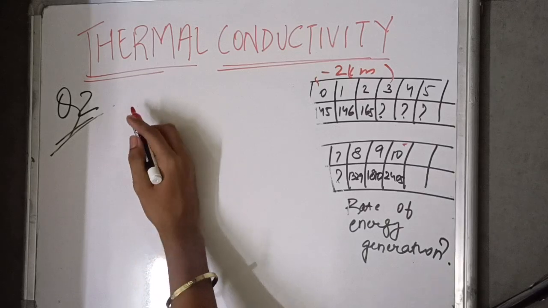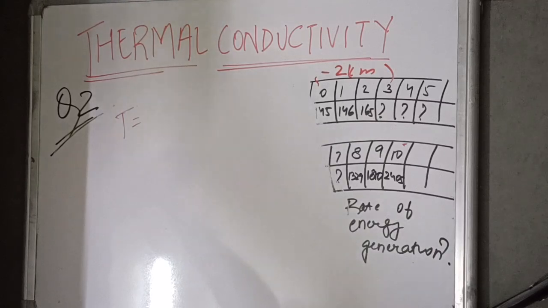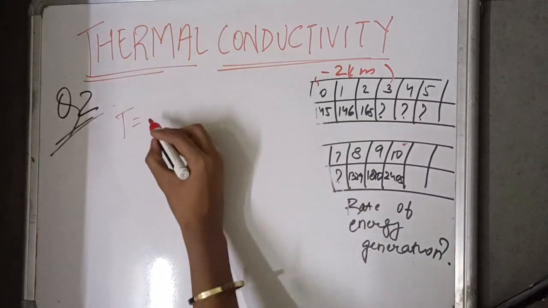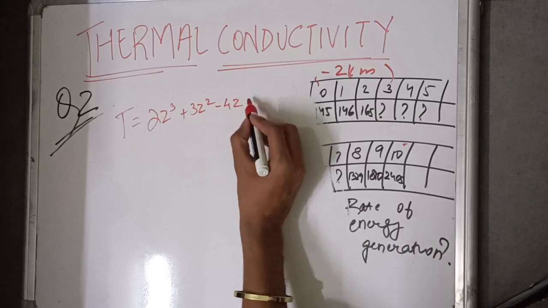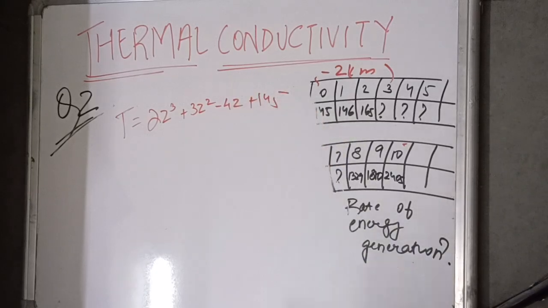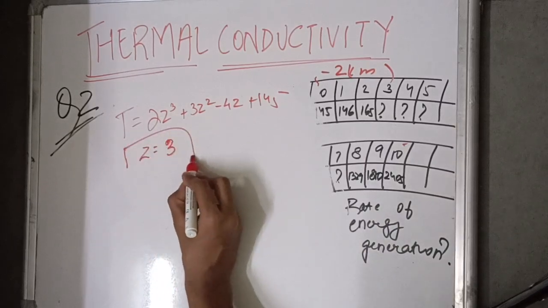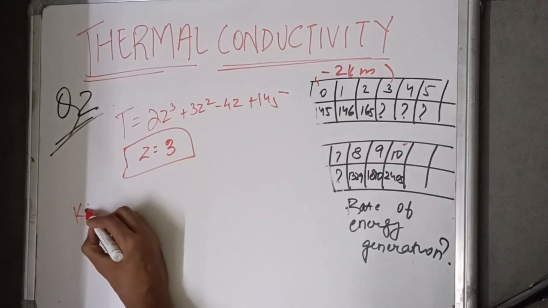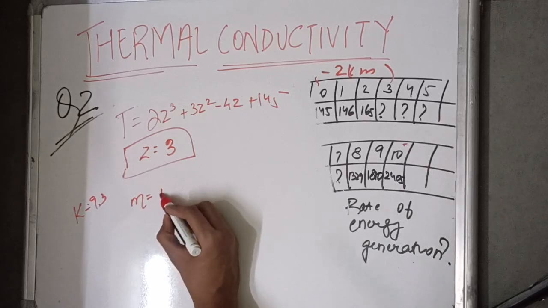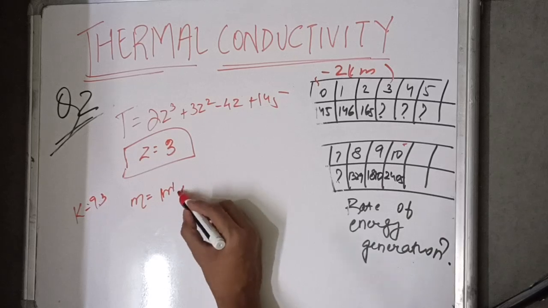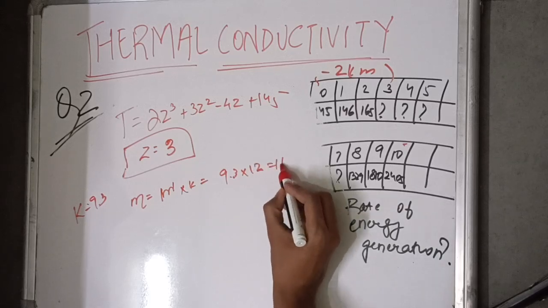Putting all the values in the main equation, we got t equals 2z cube plus 3z square minus 4z plus 1. From here we will get to know the value at z equals 3. It is given that thermal conductivity is 9.3. We assume m dash equals m into k, which is 9.3 into 12, 111.6.